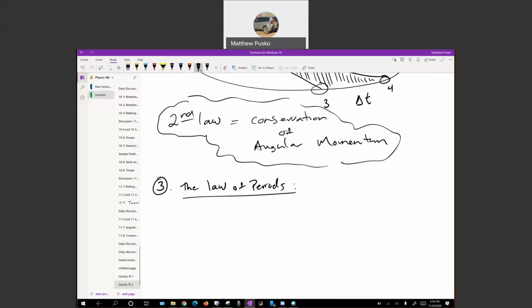The law of periods says that the square of the period of any planet, right, the period is how long it takes to go around one time, the square of the period is proportional to the cube of the semi-major axis of its orbit.